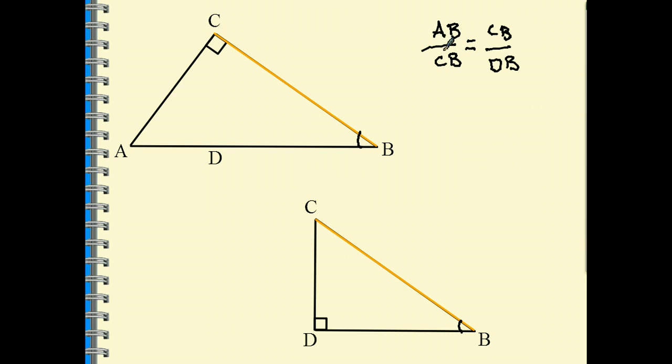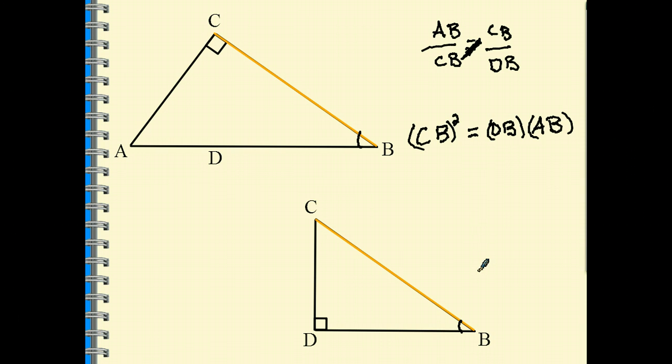So once again, what do we notice? The means are the same, so when we cross multiply, we get CB squared, this side length, is equal to DB times AB. And it's a very similar result to what we got on the last slide.